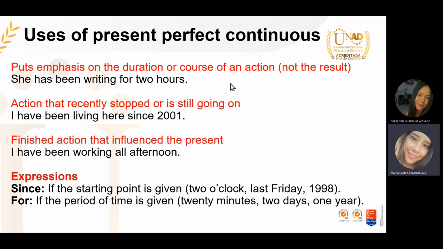For example, she has been writing for 2 hours. In this sentence we are describing the period of time, the duration of the action. The second case is about an action that recently stopped or is still going on.